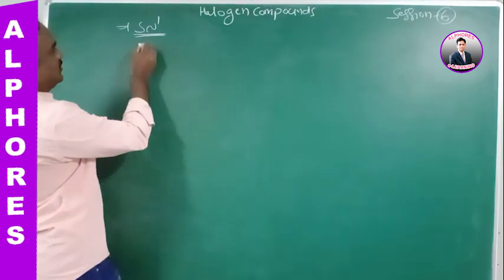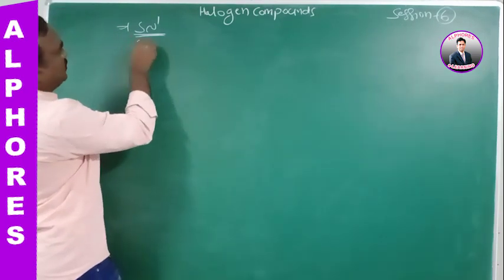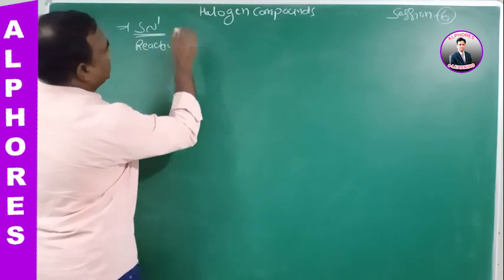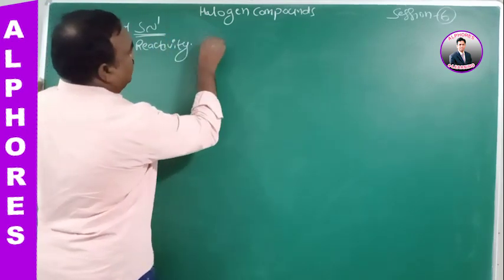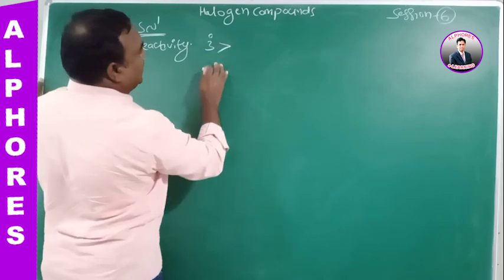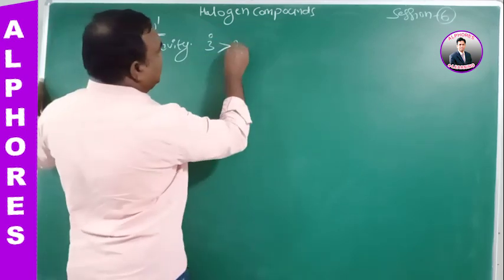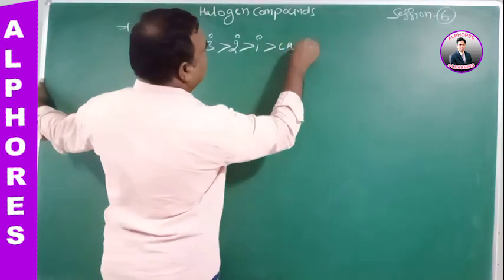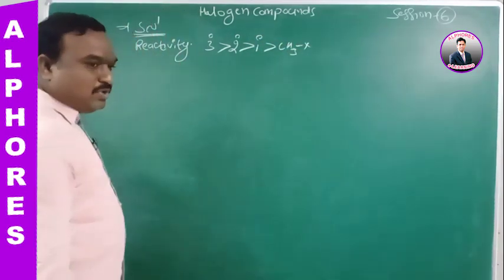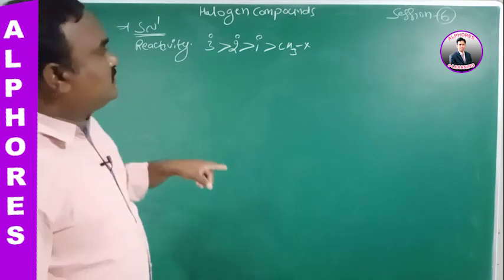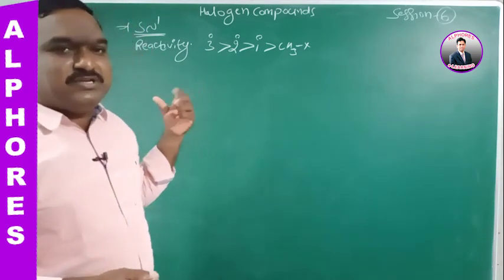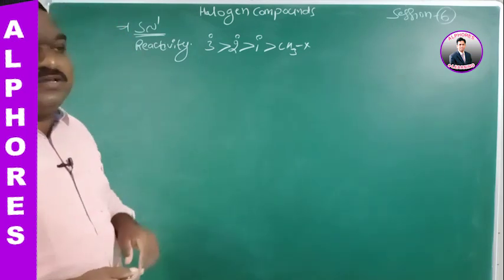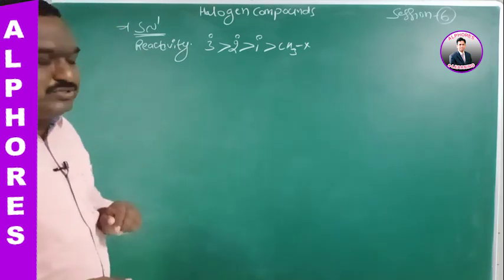The reactivity order of halogen compounds: tertiary alkyl halides are greater than secondary alkyl halides, which are greater than primary alkyl halides, which are greater than CH3X. So in SN1 reactions, the reactivity order is tertiary greater than secondary greater than primary greater than methyl halogen compounds.